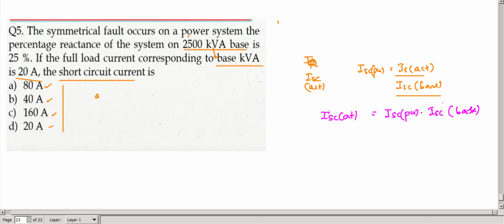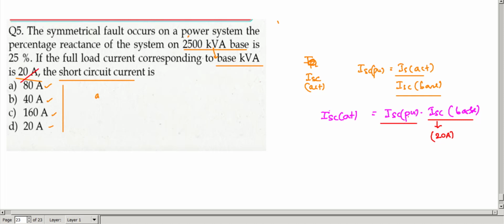He asked for the short circuit current, and corresponding to full load base kVA, the full load current is 20 amperes.